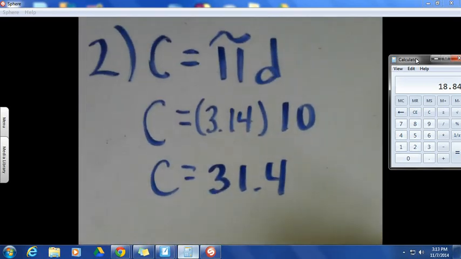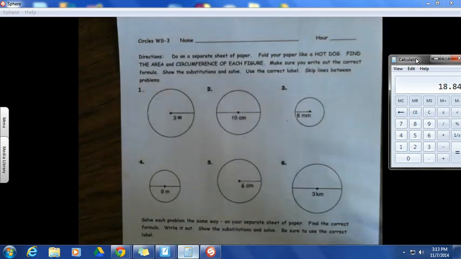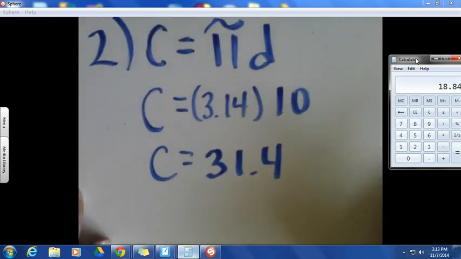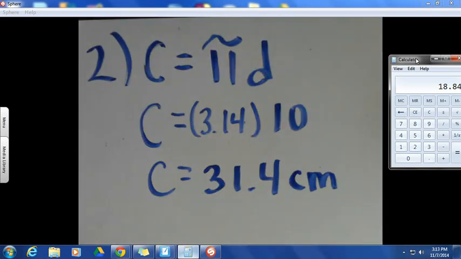So for number 2, the circumference is 31.4 centimeters. We have our formula, our substitution, and our answer, so we're good to go. And that's how you calculate circumference.